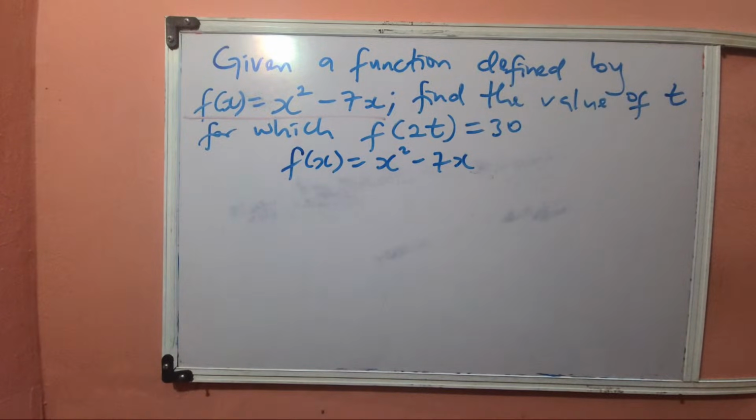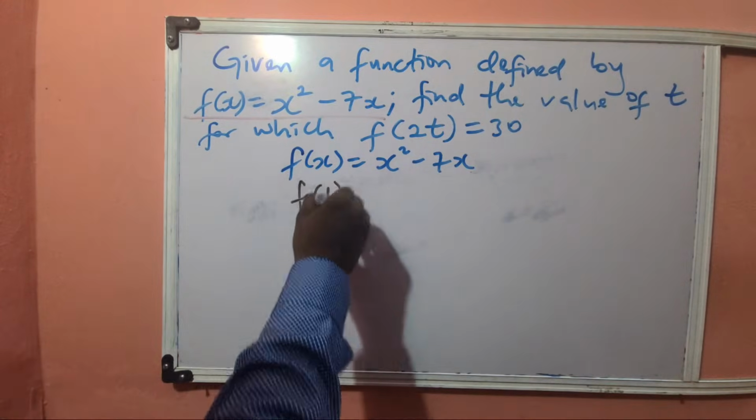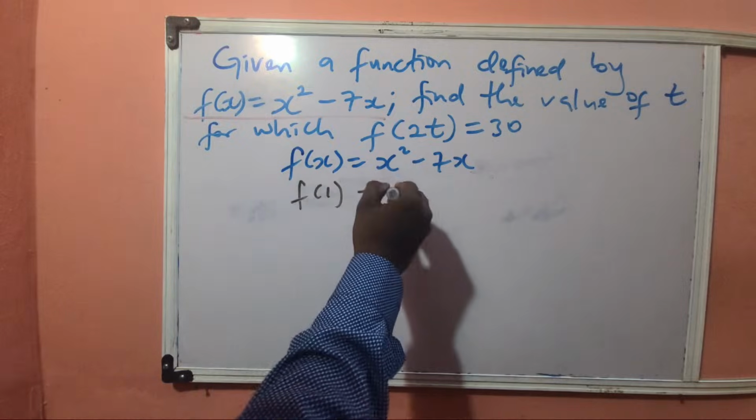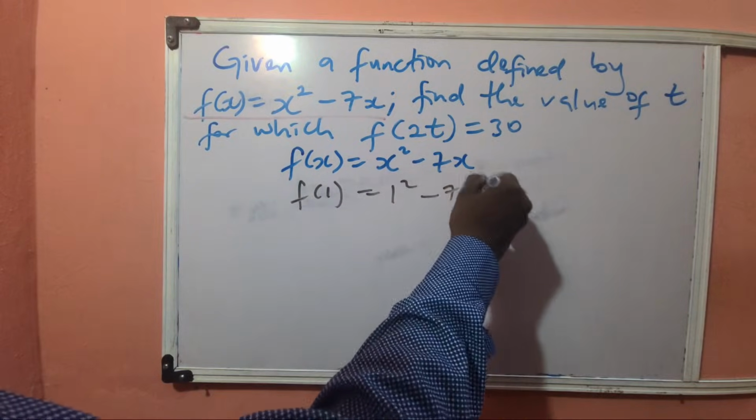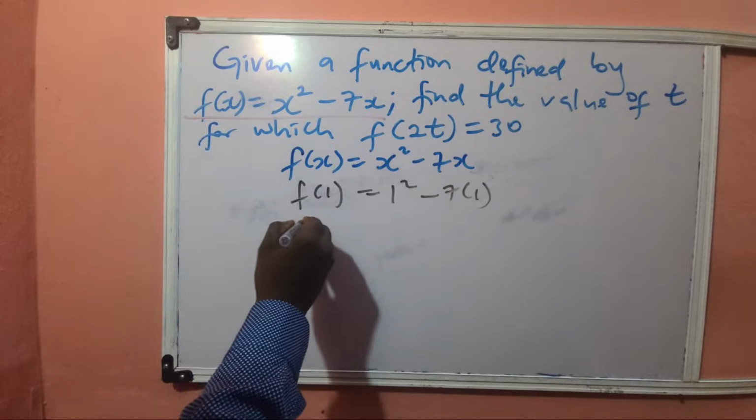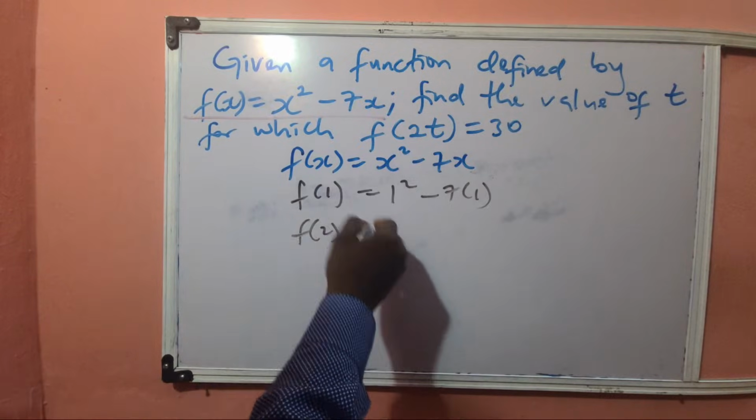Of course, I'm sure you understand that if you're told to find, for instance, f of 1, then that would mean you are putting 1 as x. That will be 1 squared minus 7 times 1. If you're told to find f of 2, you're putting 2 as x.